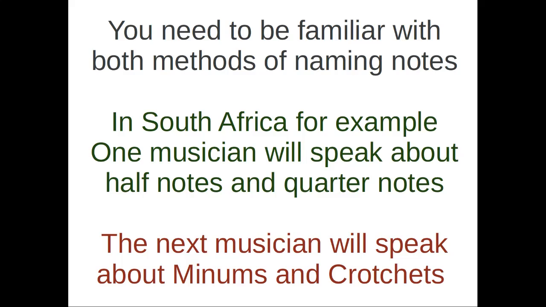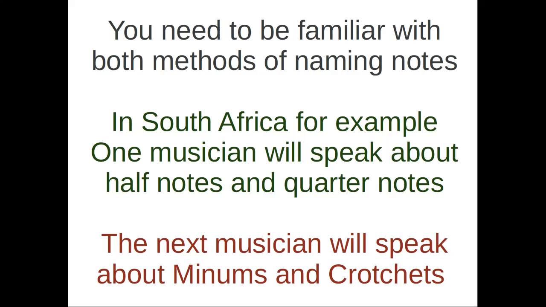So you definitely need to be familiar with both methods of naming notes. In South Africa, for example, that's where I live, you'll find one musician will be speaking about half notes and quarter notes. And you need to adapt the way you speak with that person to half notes, quarter notes, eighth notes, whole notes.